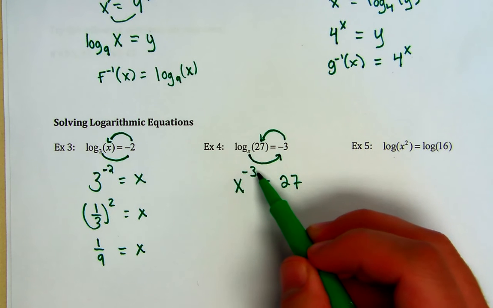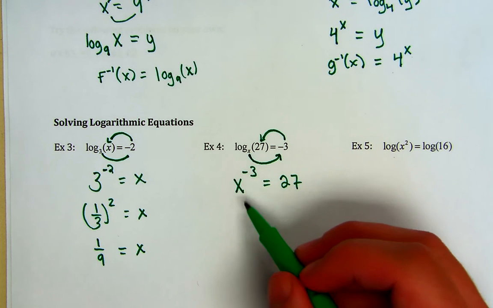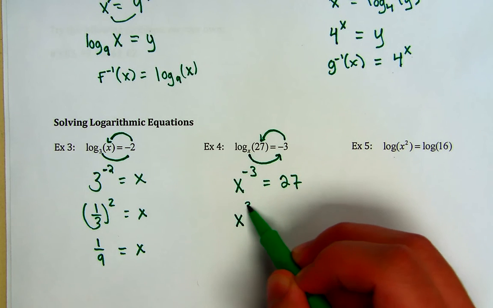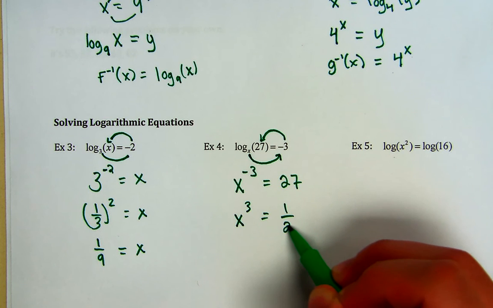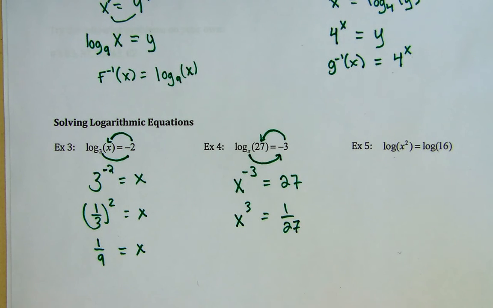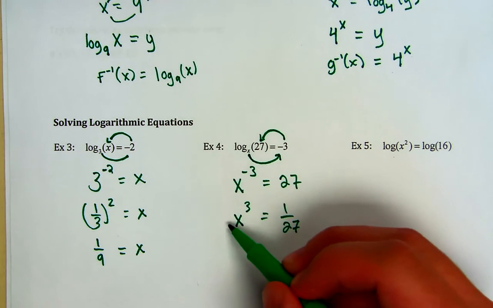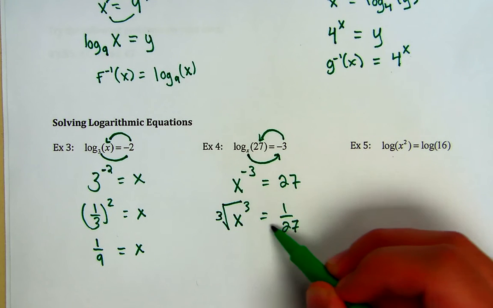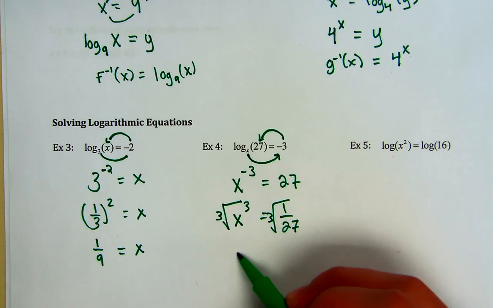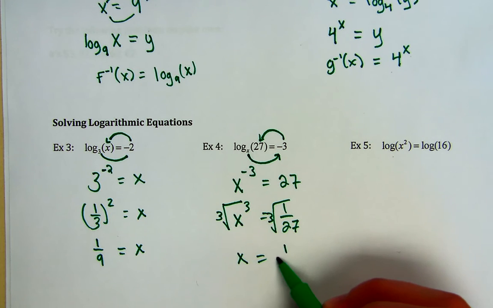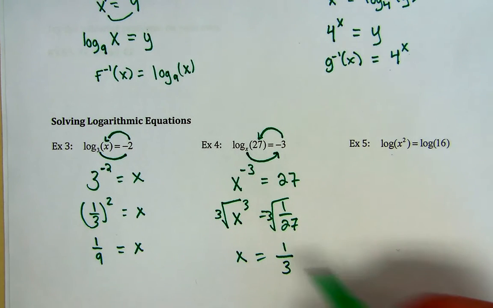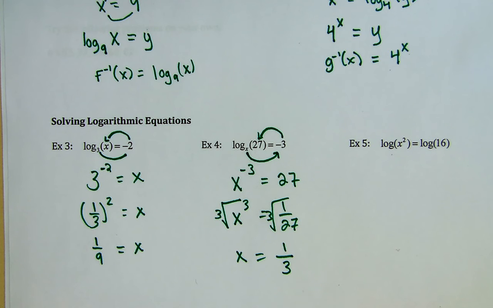Negative 3, that means I can take the reciprocal and make it positive. So I can take x to the third equals 1 over 27. To get the third away, I know I need to take the cube root of both sides. Well, the cube root of 1 is just 1. The cube root of 27 ends up being 3. So I've got x equals 1/3.